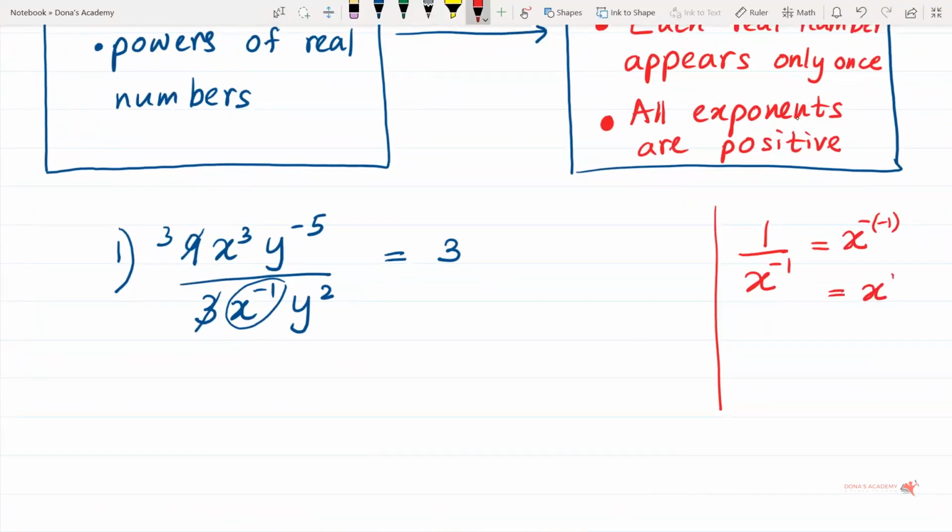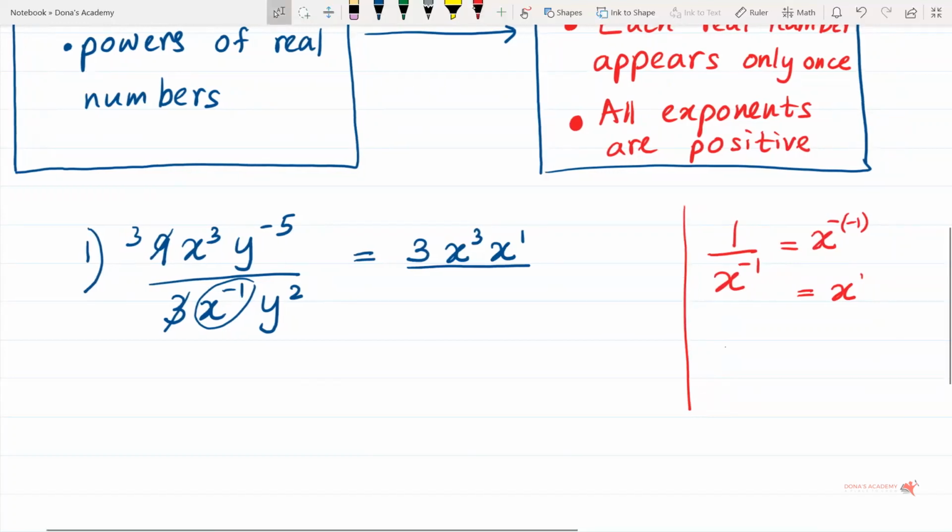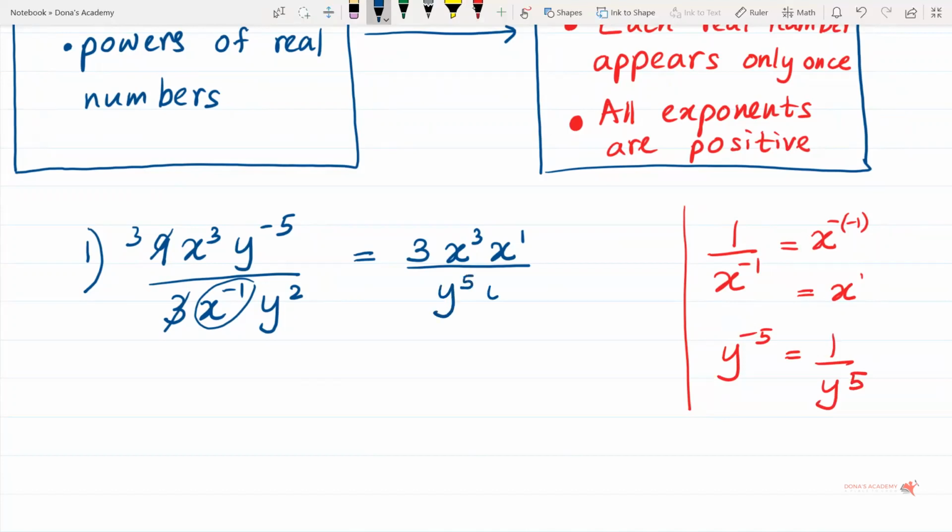All right, so we can rearrange like this, and then for the y terms we can write y^-5 as 1 divided by y^5. So in that case we have y^5 in the bottom and this y^2 in the bottom. All right, now we have done some rearrangements to this original expression using the laws.